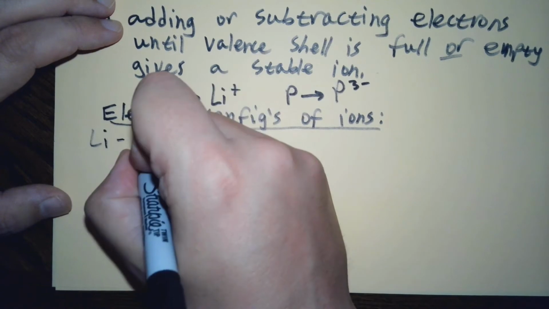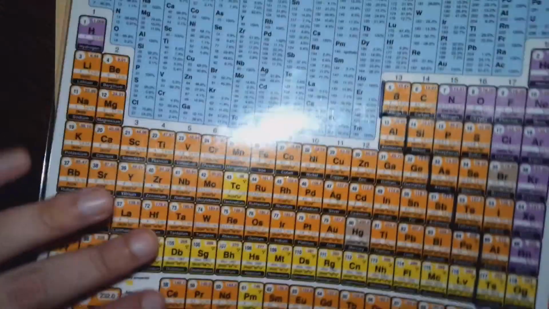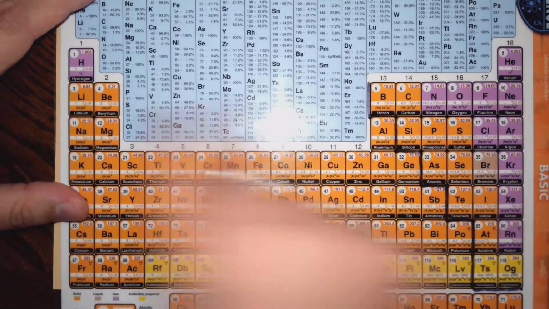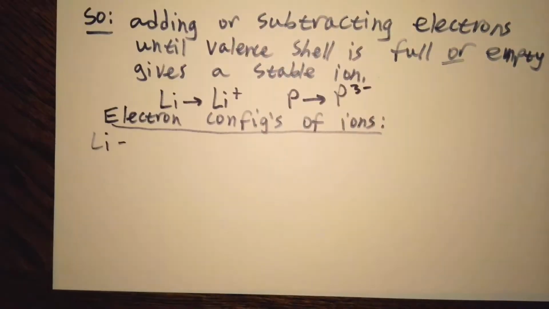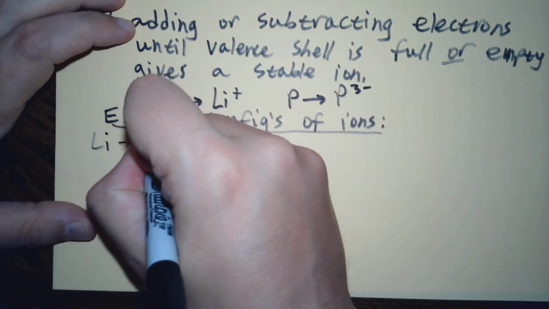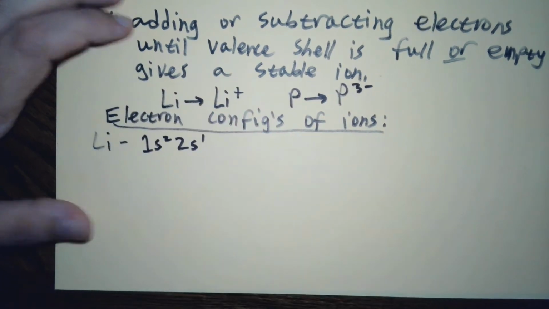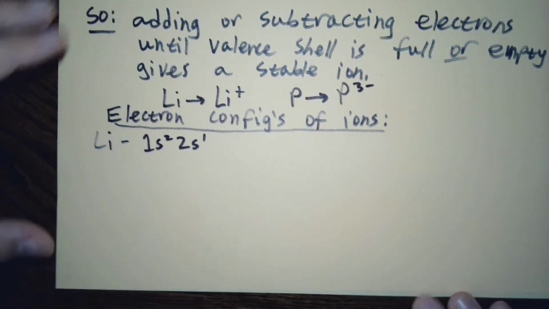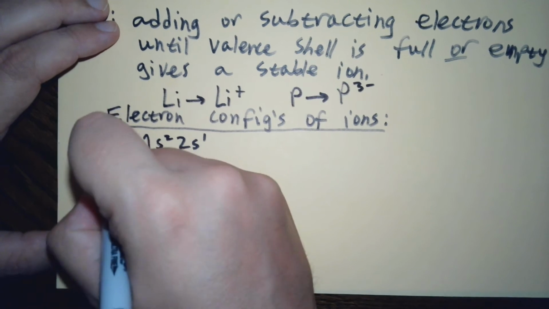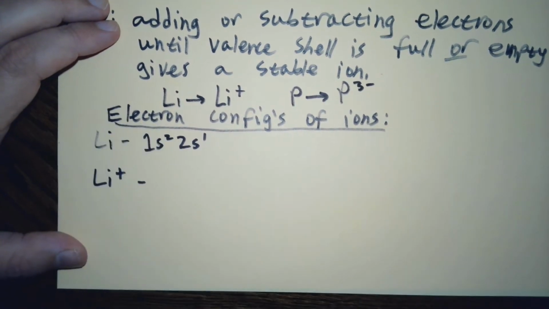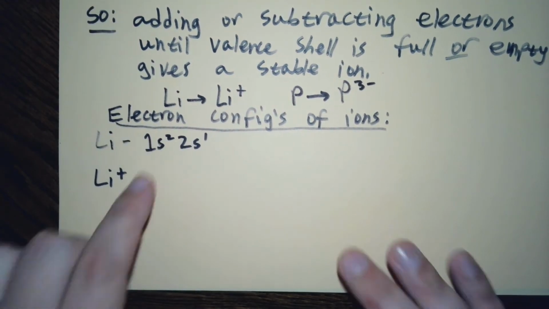Well, lithium is 1s2, 2s1. Right? Okay. Lithium plus. Well, where does that electron come from?